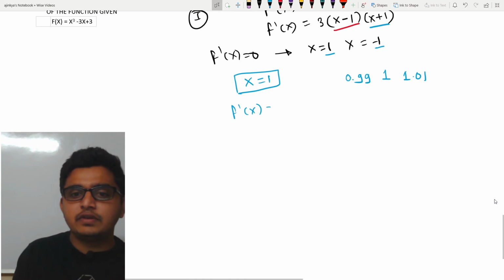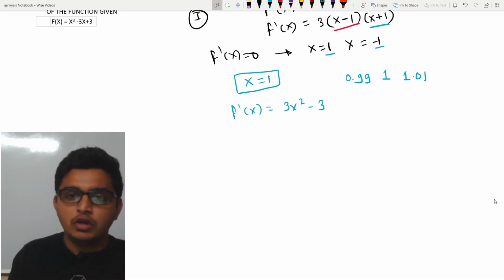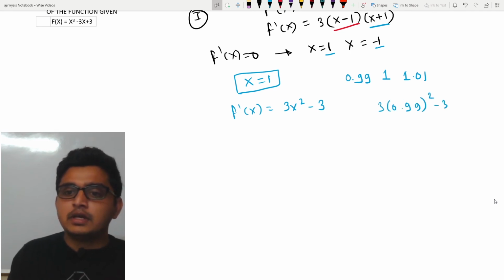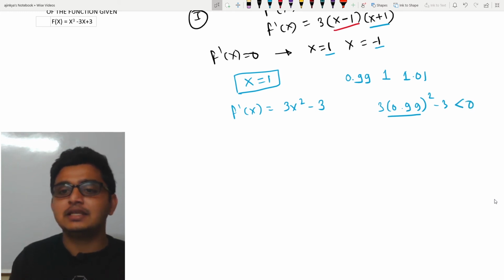We had 3x square minus 3. Now if you put 0.99, is this term going to be positive or negative? Clearly, this term is going to be less than 0. And for 1.01 squared times 3 minus 3, this is going to be greater than 0.